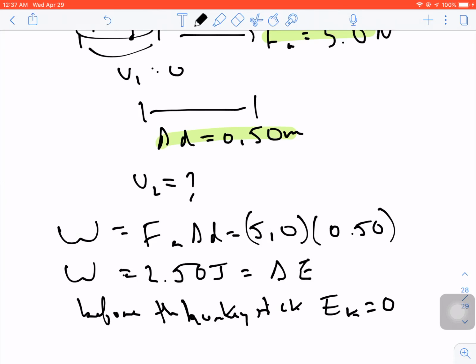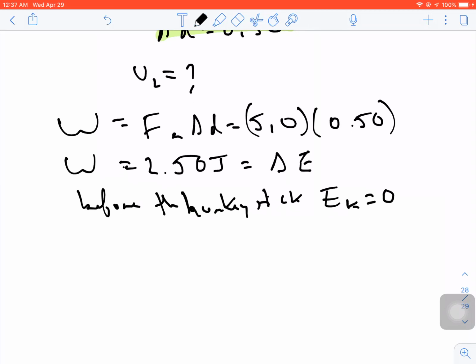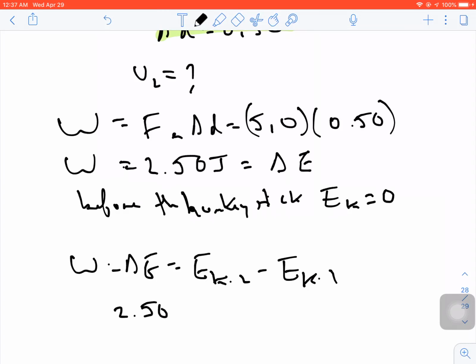So if work equals delta E, which equals EK at the end minus EK at the beginning, but we know the EK at the beginning was 0, then we can now calculate the EK of the puck when it leaves the stick, because I know work and delta E are 2.50 joules. EK2 is 1/2 the mass of the puck times its speed squared minus 0, the kinetic energy it had before it was hit.